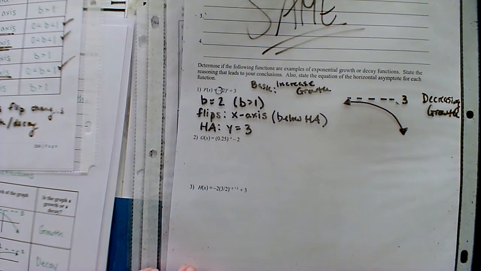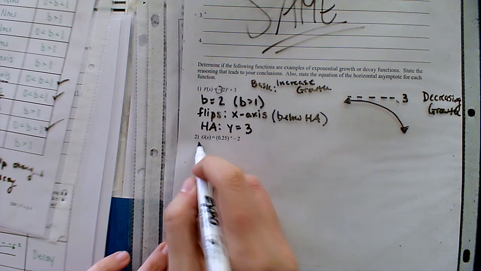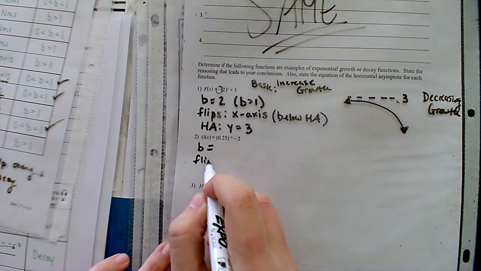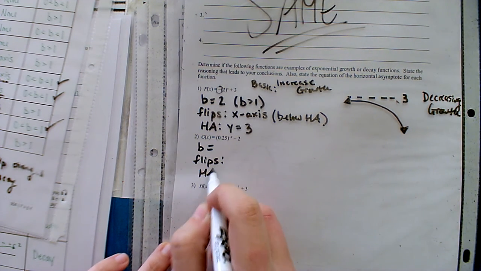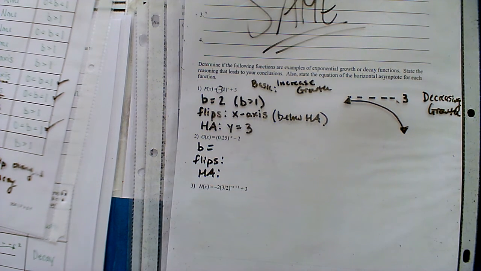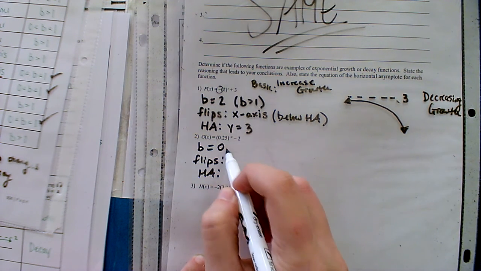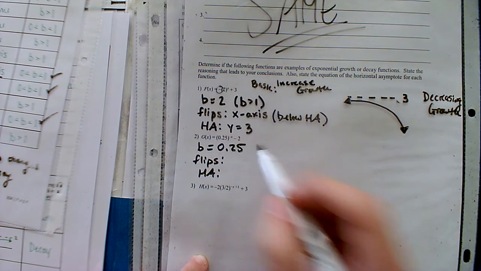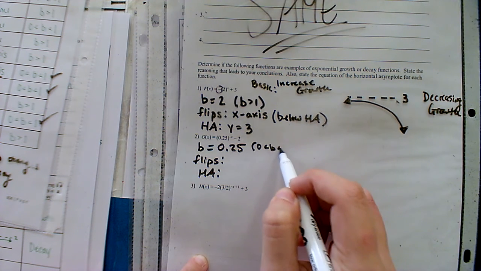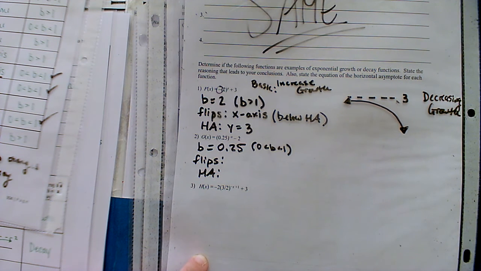All right, let's try 2. Let's label the base, any flips, and where the horizontal asymptote is. Let's see, our base is 0.25. That's between 0 and 1.